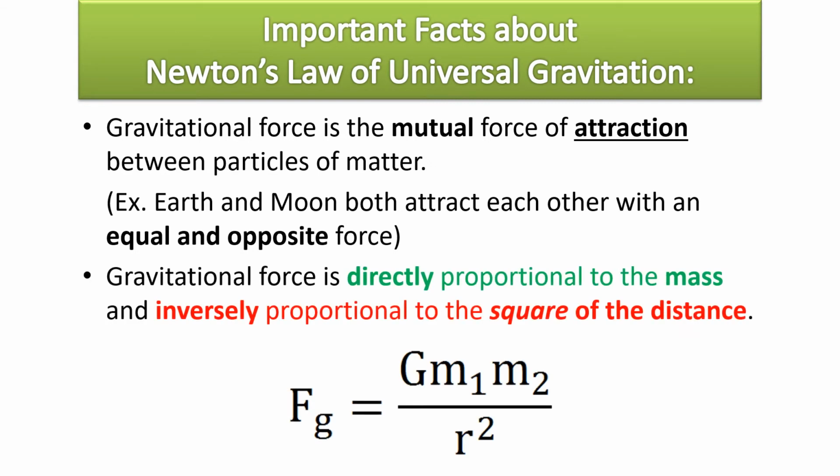And the gravitational force is directly proportional to the mass. So just by looking at the formula, you could see the mass is on the same side of the numerator as the force is. So if I double the mass, the force will double, and we get a direct relationship.